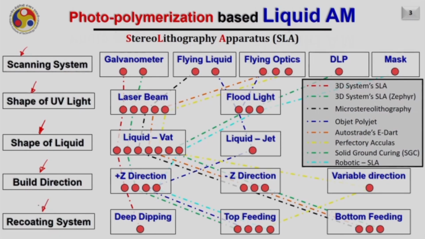Based on that, the 3D Systems SLA and the 3D Systems SLA based on Zephyr, which are going to be our target today, utilize the galvanometer, laser beam, liquid vat, and build the part in the plus Z direction. The only difference is that one uses deep dipping, and the other uses top feeding for recoating the new layer onto the liquid vat.